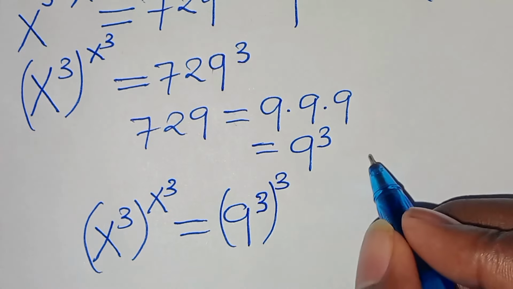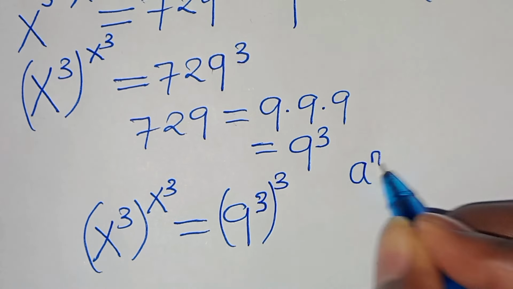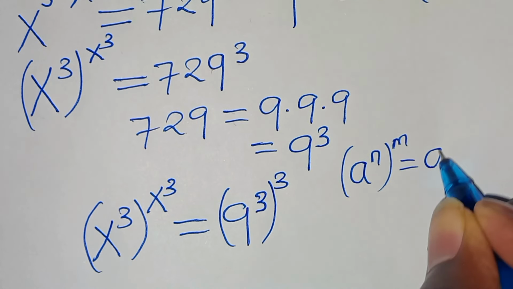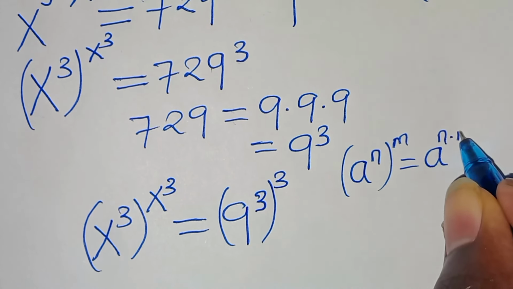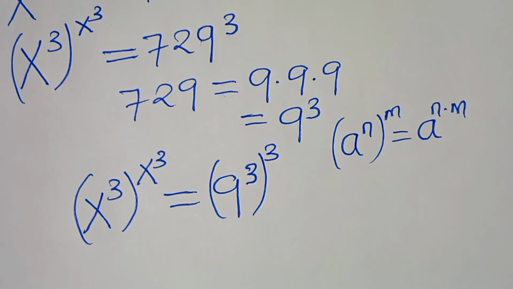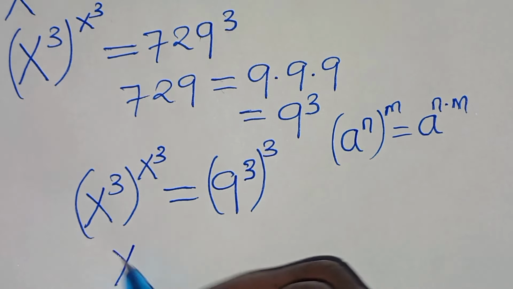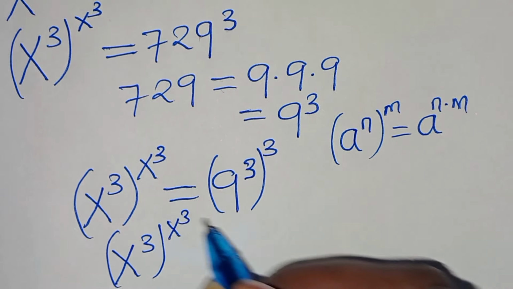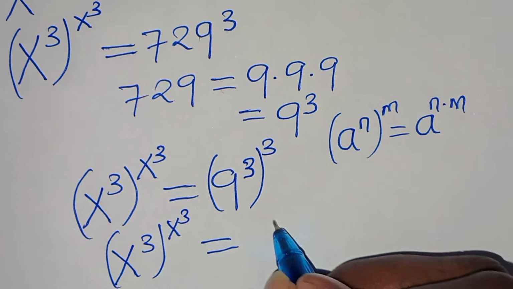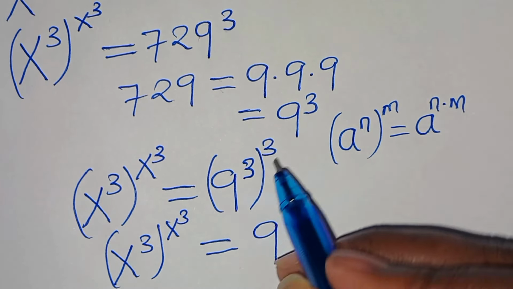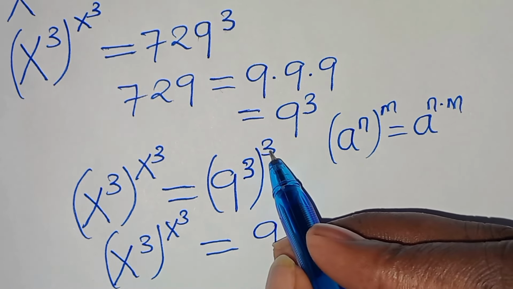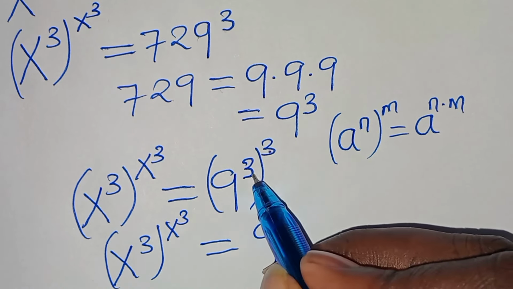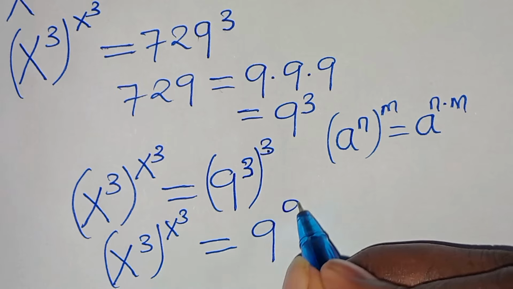Now, given that a to the power of n raised to the power of m is the same thing as a raised to the power of n times m, this implies that x to the power of 3 raised to the power of x to the power of 3 is the same thing as 9 to the power of 3 times 3, and this is equal to 9.